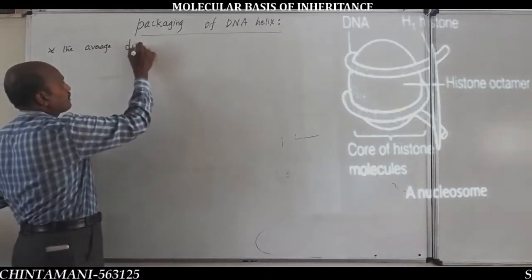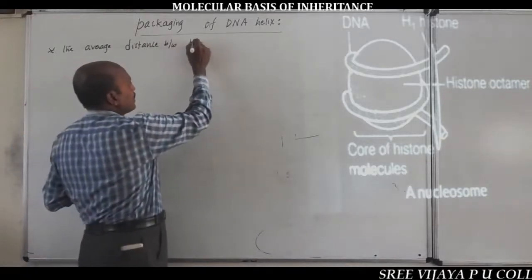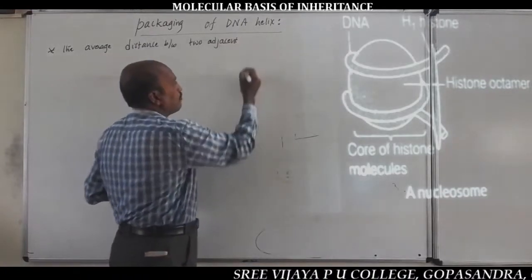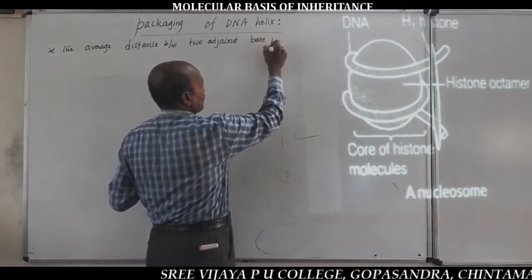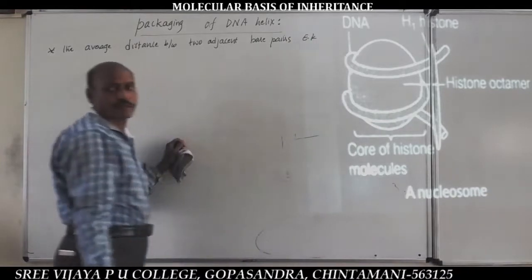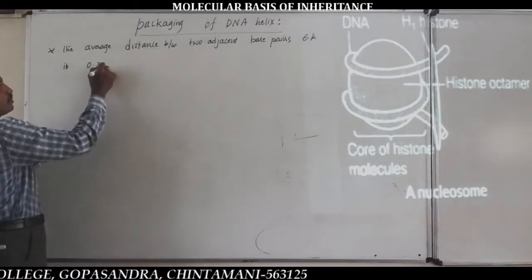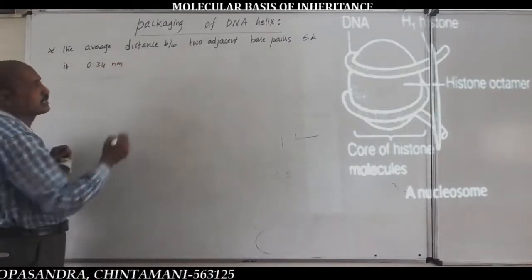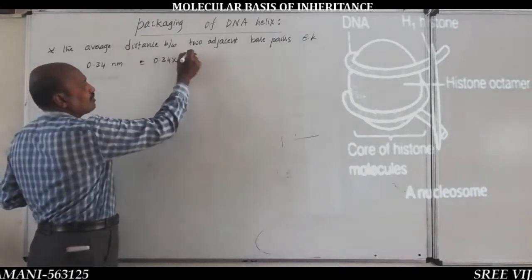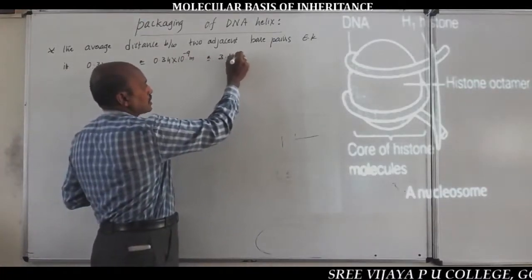distance between two adjacent base pairs in a eukaryotic cell is 0.34 nanometers, or 0.34 into 10 to the power minus 9 meters, or 3.4 angstroms.